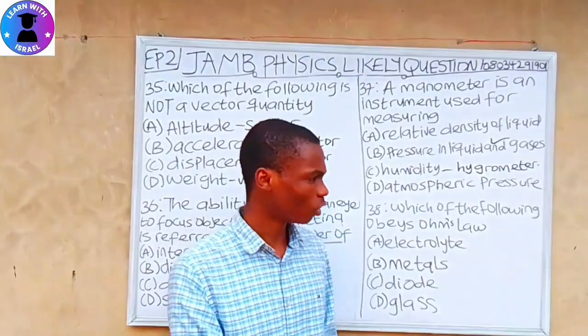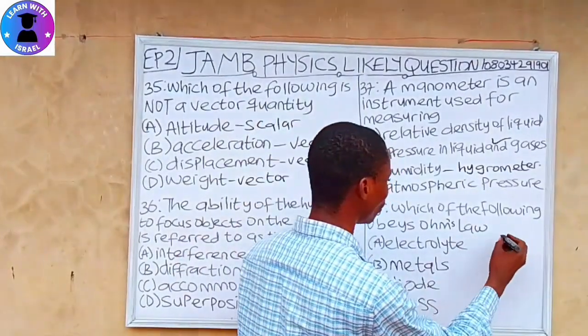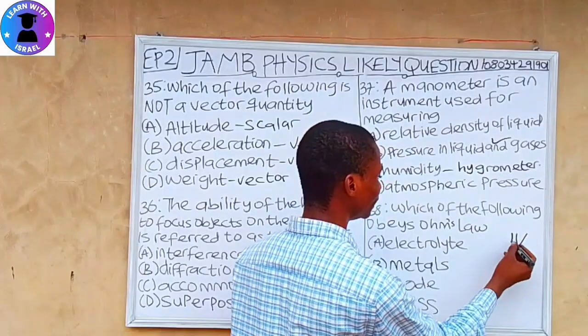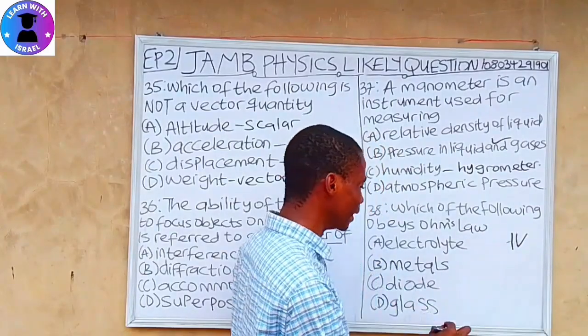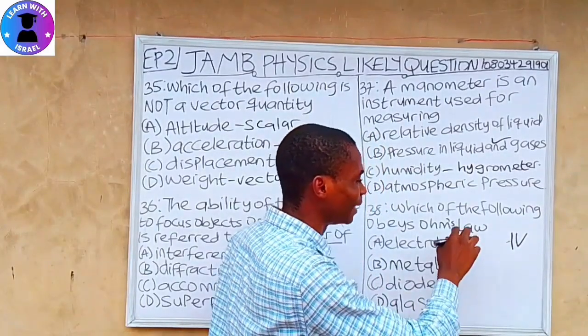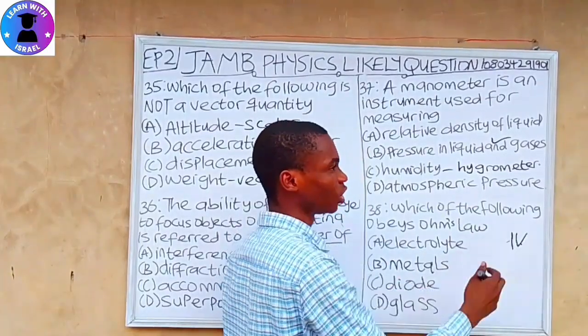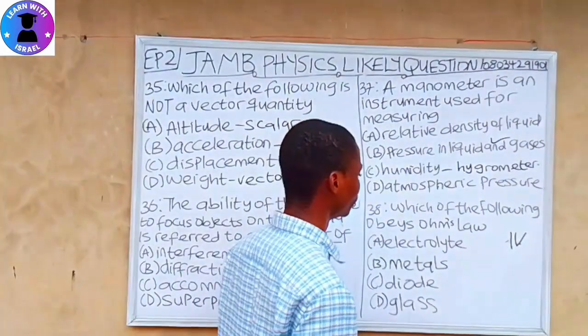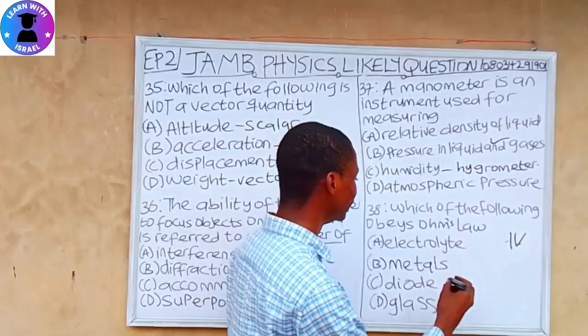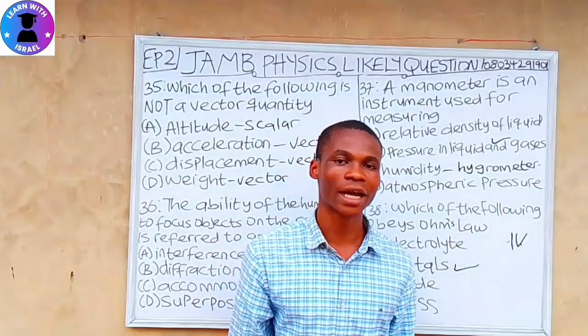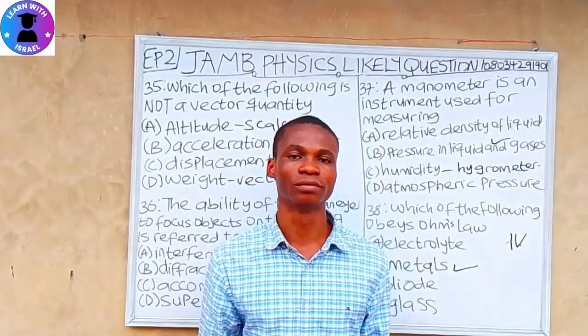And the formula for Ohm's law is I proportional to V. This is the current passing through the metal, directly proportional to the V, which is the voltage, also known as the potential difference. I hope you understand that now. It is the metals that obey Ohm's law. So guys, let's continue.